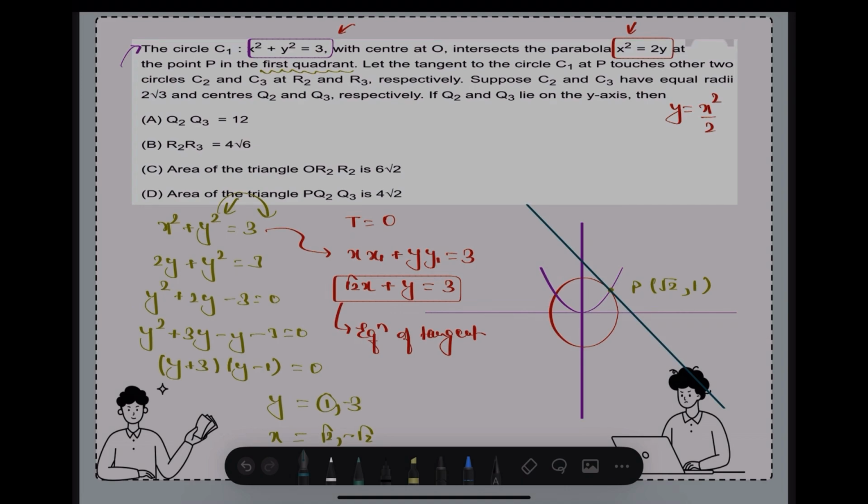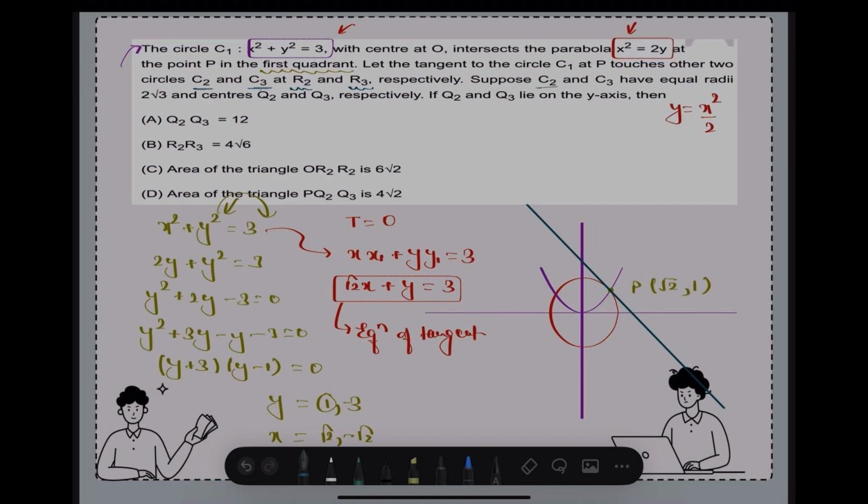So this tangent is touching the other two circles C2 and C3, means there are two more circles besides C1, C2 and C3. They are touching this tangent at R2 and R3 respectively.